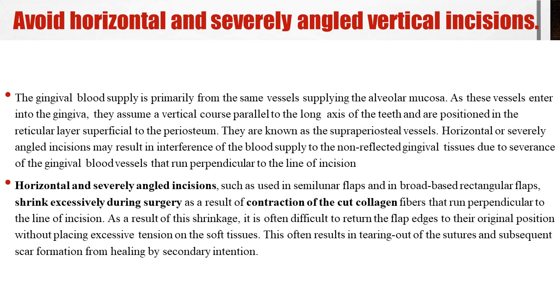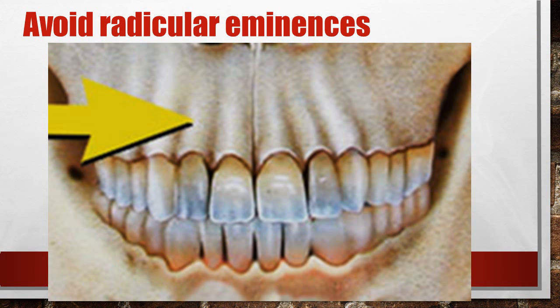They are aligned parallel to the long axis of the teeth, because of which they are going to shrink excessively, and it's going to become difficult to reapproximate the flap to the original position without causing any tear or excessive tension to the soft tissue, because of which you are going to have scar formation.